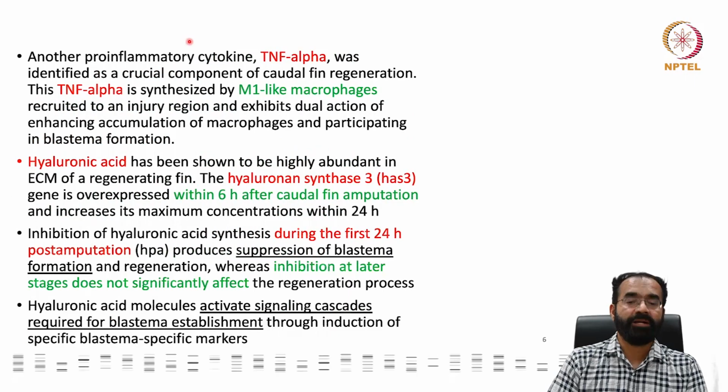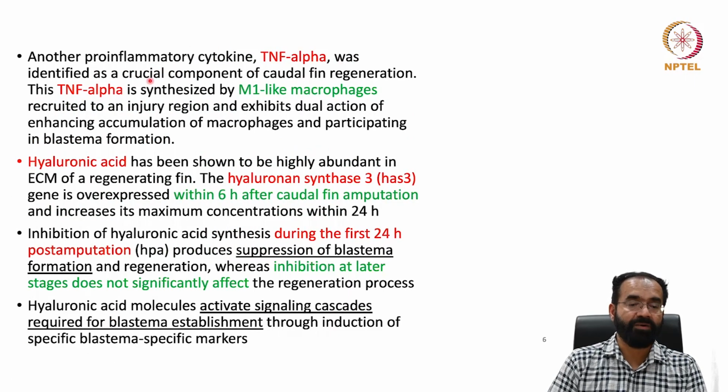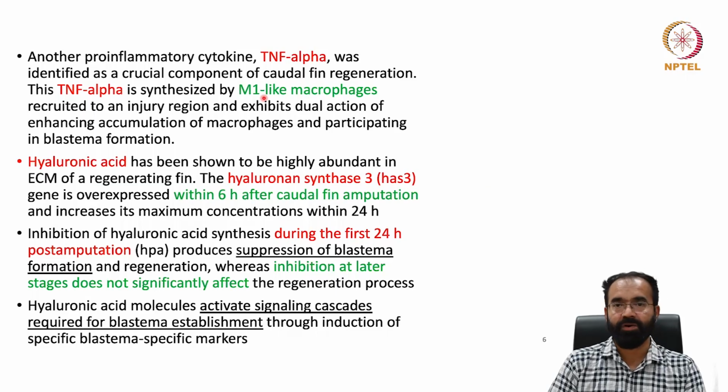Another pro-inflammatory cytokine, TNF-alpha, was identified as a crucial component of caudal fin regeneration. This TNF-alpha is synthesized by M1-like macrophages. There are two types of macrophages, M1 and M2.